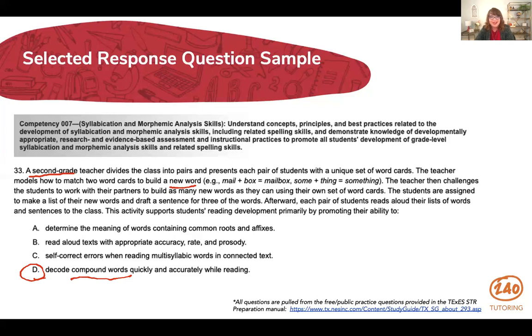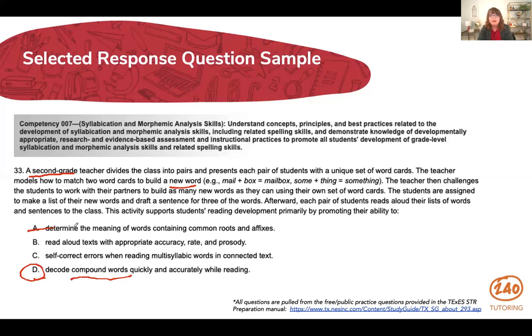So choice A would be like providing a root word such as work and prompting students to think about what it would mean to add a prefix such as re to make rework, or ing, working, and that is not what's described in this scenario. So we're taking two words, not adding prefixes and suffixes. We're not working with root words, okay? So choice A, we can rule out.